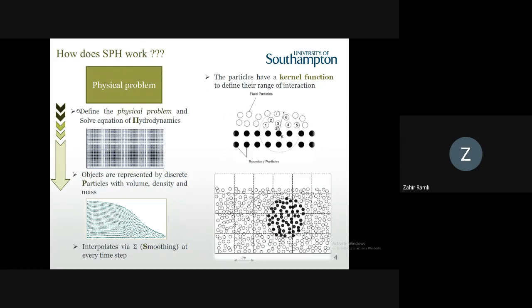Okay, and then dia akan discrete kan, dia akan pecahkan all these empat segi ni into small particle, and each particle tu will have their own volume, density, mass dia, and dia akan solved by hydrodynamic punya equation, and then every particle tu akan diinterpolatekan by konsep dia smoothing lah, maksudnya dia akan sum every particle.